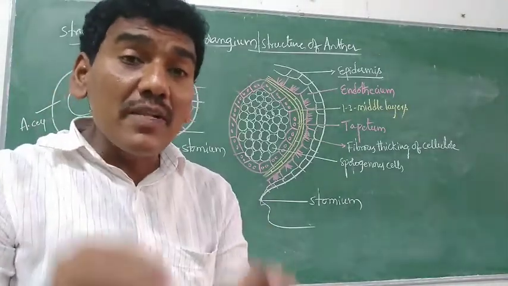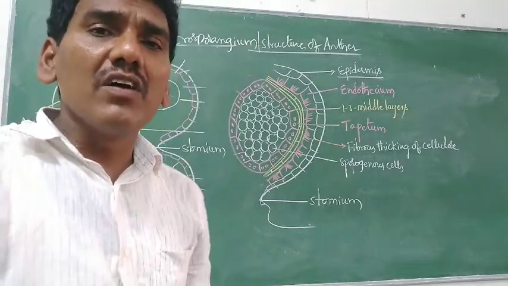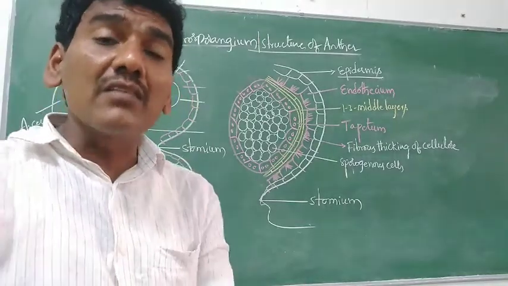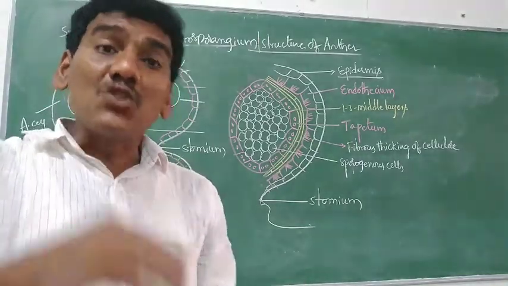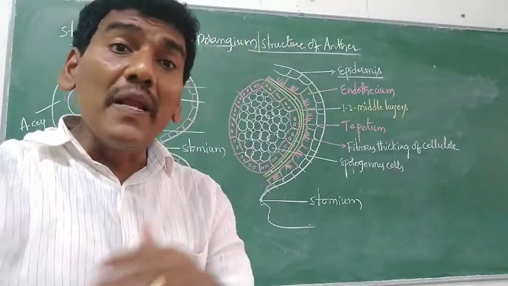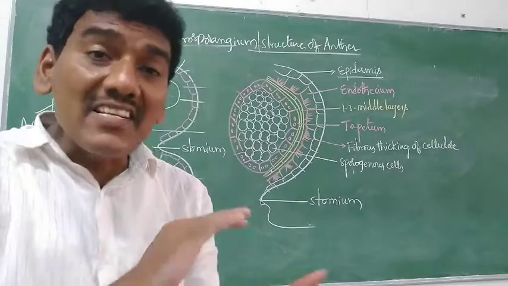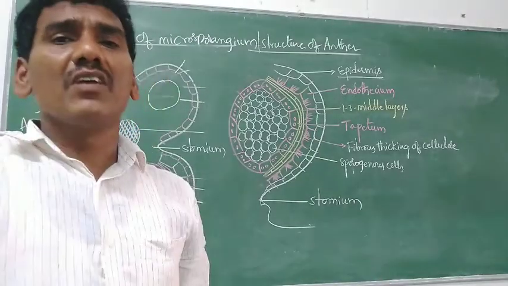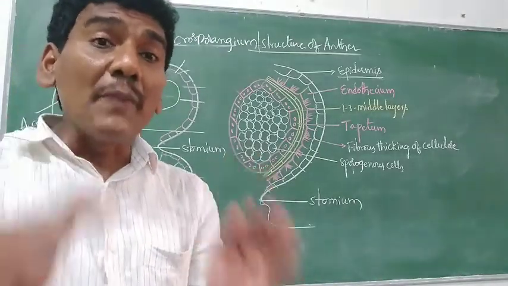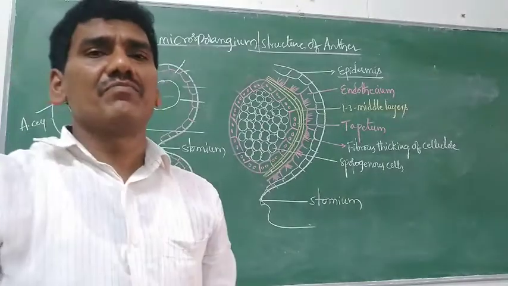At the time of anther maturation, the stomium cells completely degenerate and are helpful for dehiscence of the anther. This is about the epidermis characters.